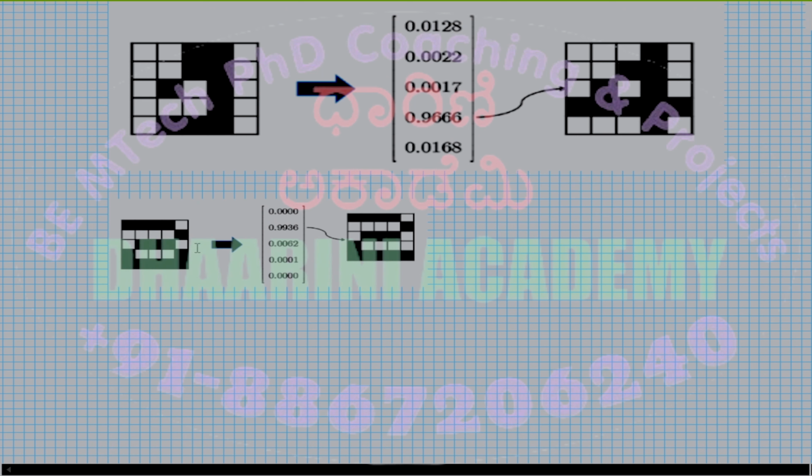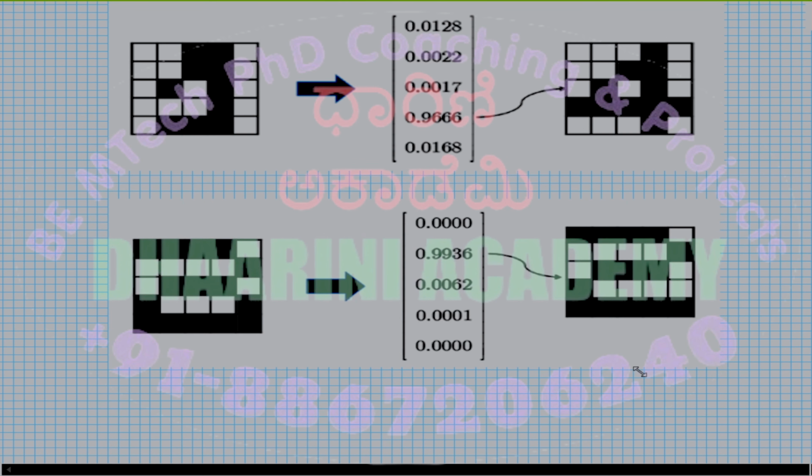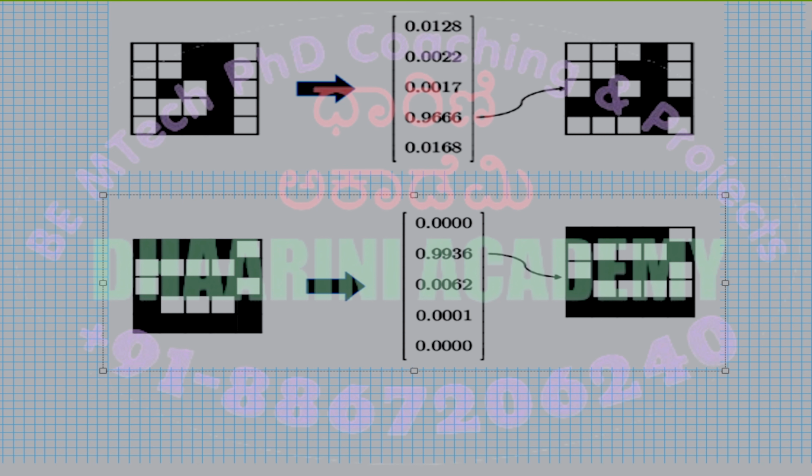This is the second data which I tried to give. Now we can see that it's not 2, but it can be assumed to be close to 2 because only at one particular location there is a difference. You can see that the confidence level is 0.9936, 99%. So it tried to classify that accurately.